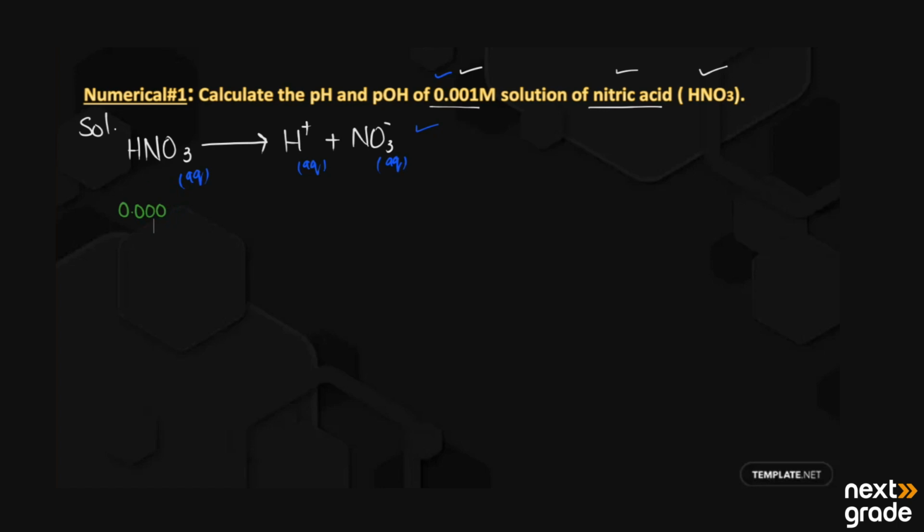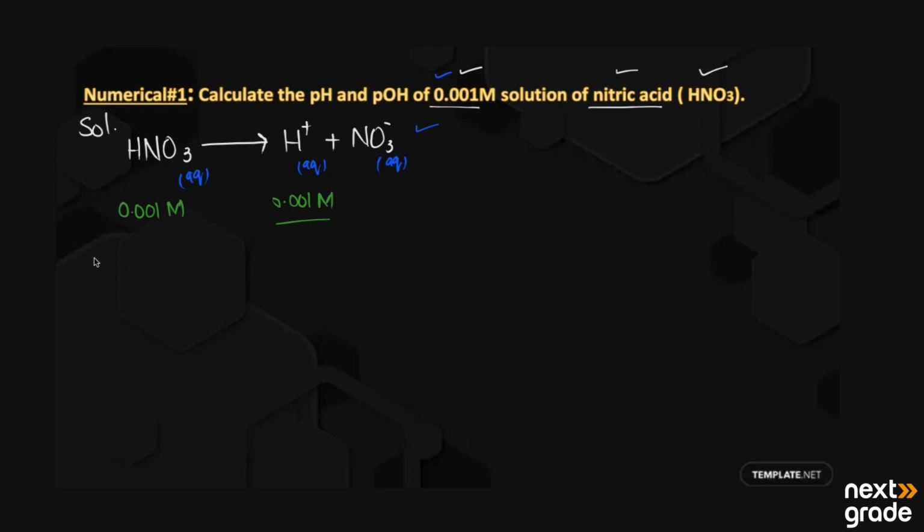The concentration of the given acid is 0.001 molar, and the hydrogen ion concentration is the same, 0.001 molar. So now we have to calculate the hydrogen ion concentration.